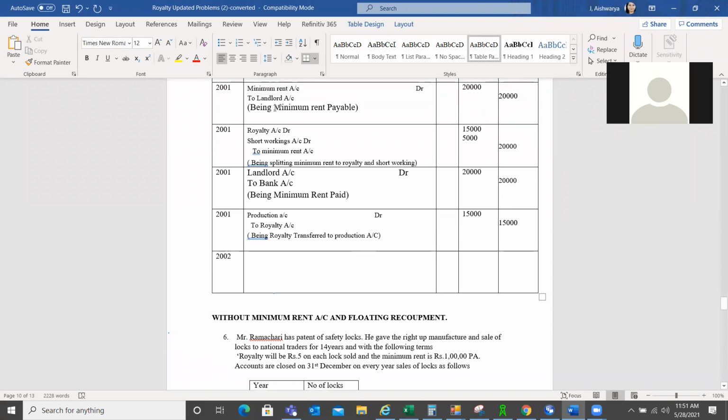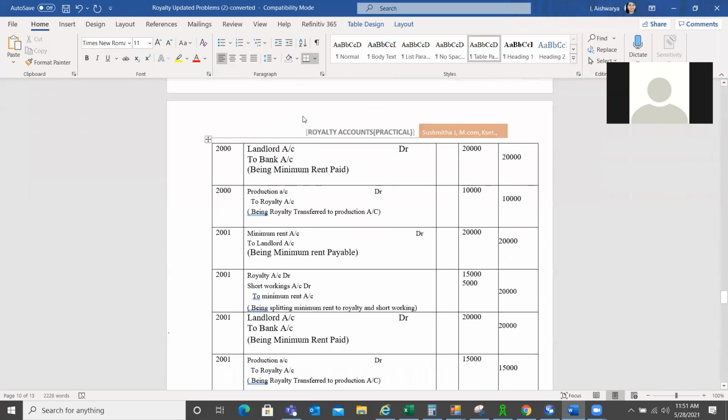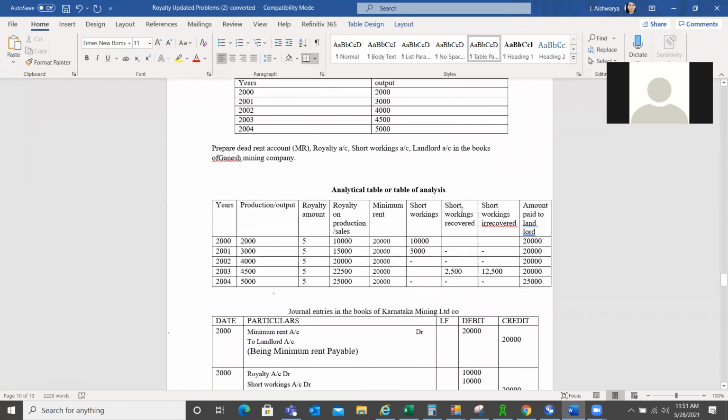Okay. So in 2001, how many entries? 4 entries. Okay. Gopal, what is the next journal entry that I have to take? Is it less than, more than, or equal? Less than, ma'am. Less than. In the third year, that is in 2002.